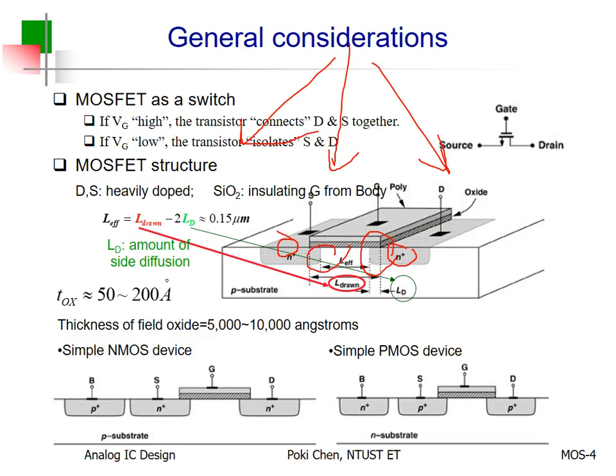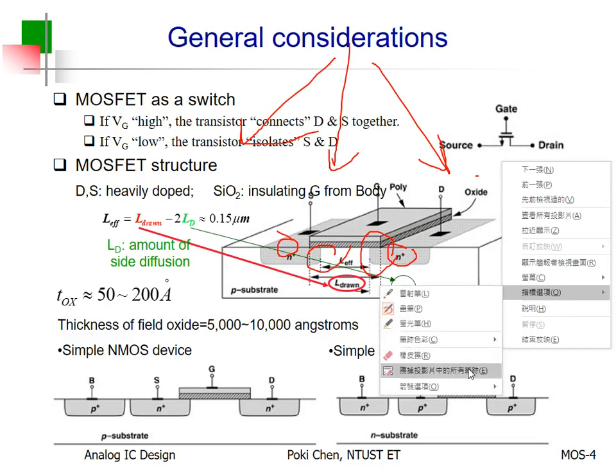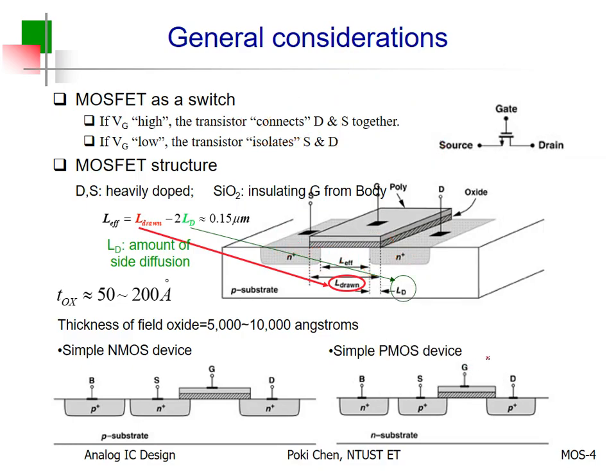So we have very important parameters for such a MOSFET. First of all, how much current can you conduct? Because the major carriers all go from source to drain. So the definition here, this is the width. How wide is the interface between your drain and your source?